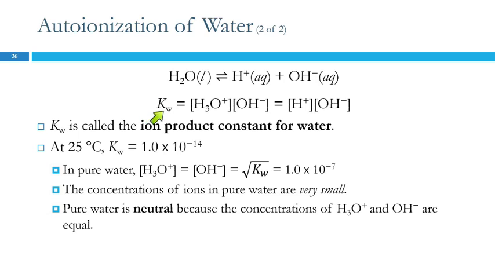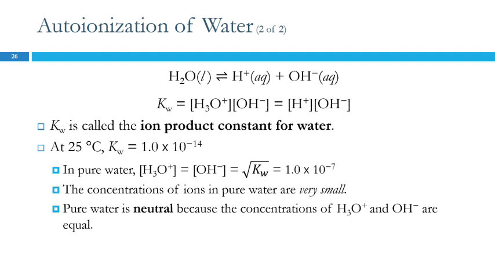This has a subscript W, and this is just for water. It's called the ion product constant for water, because we're looking at ion products. At 25 degrees Celsius, standard room temperature, Kw is 1 times 10 to the minus 14. So very, very small.